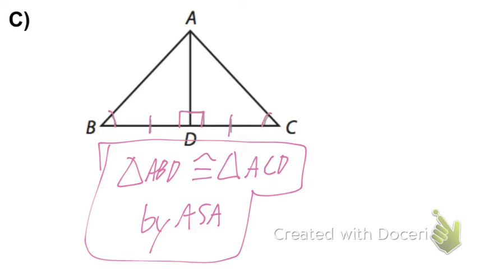Now, fun fact, there's actually another way we could prove these triangles congruent besides the angle side angle that we already know. Saren, what are you thinking? Because they're both right angles and they both have two angles on the sides, so they would be equal.